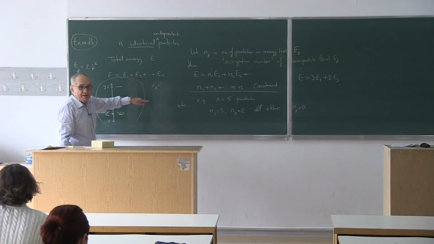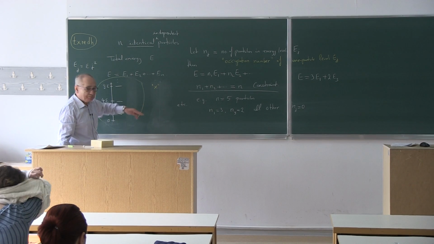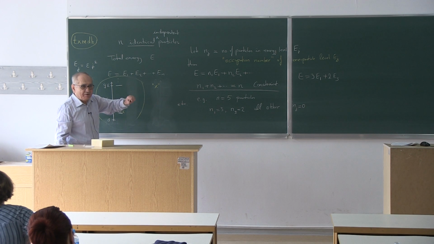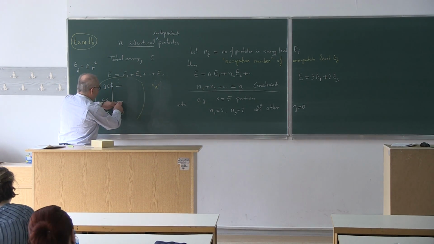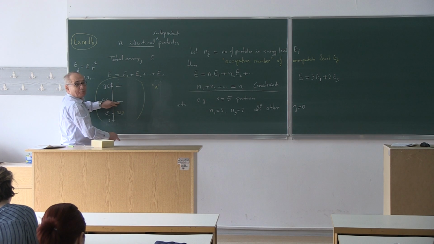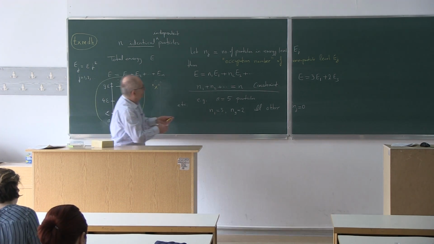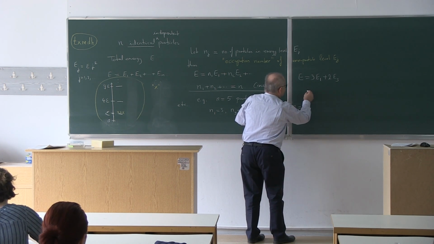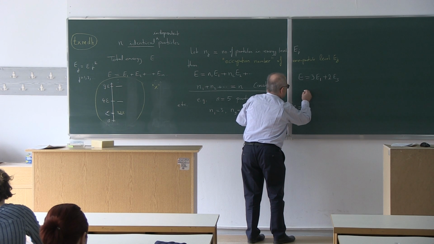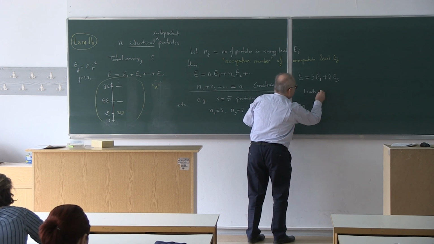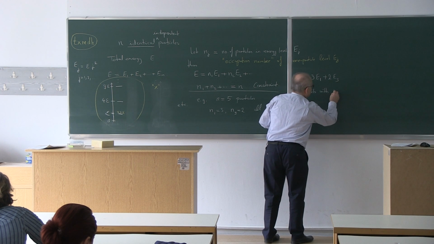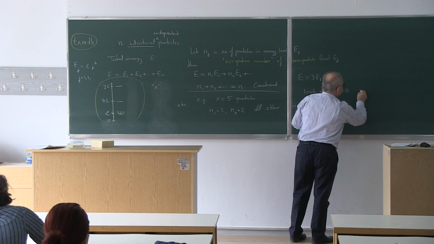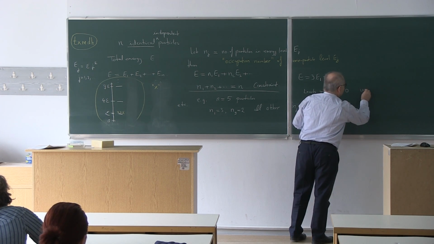They are all in the lowest energy level. Each X means a different particle. This level is unoccupied. Our terminology is this. Levels with occupation number 0 are called unoccupied.